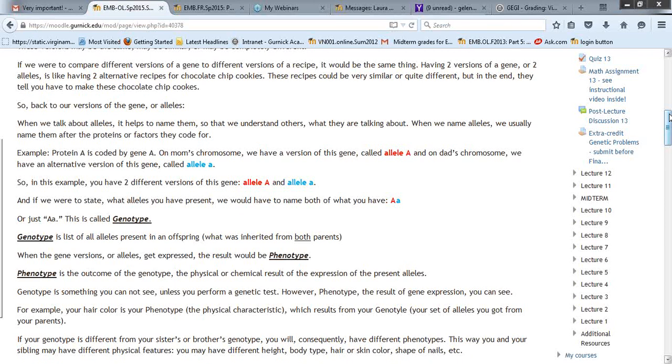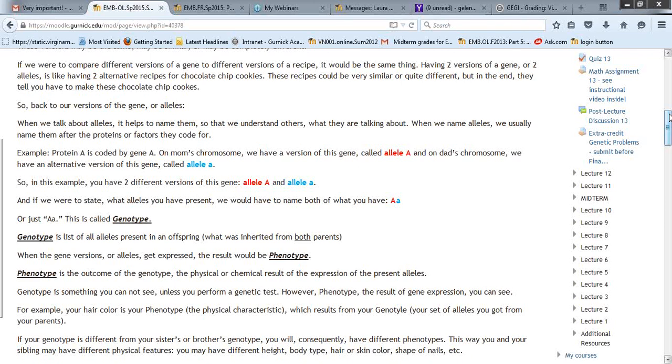So if, for example, you have 2 different versions of this gene, an allele with the capital A from mom and an allele with the lowercase a from dad, then you have a combination, right? You have capital A from mom, you have lowercase a from dad.